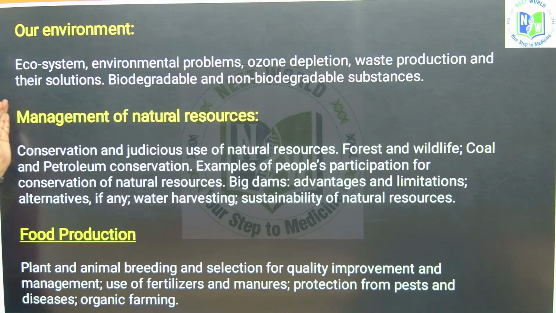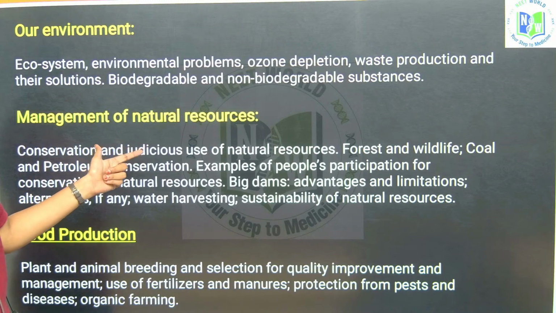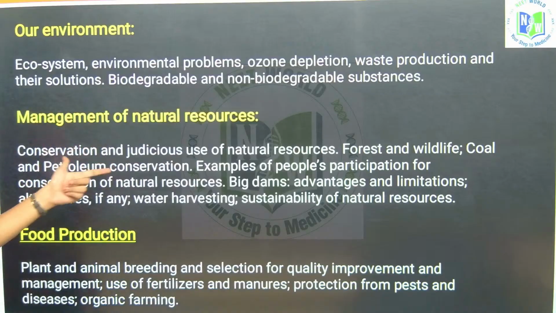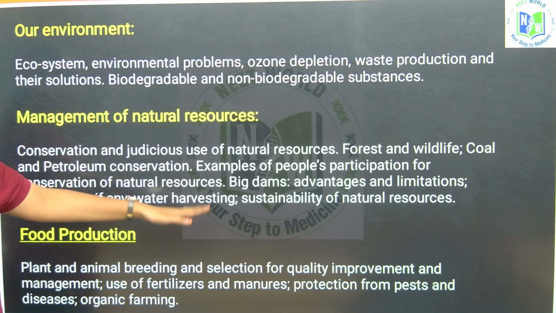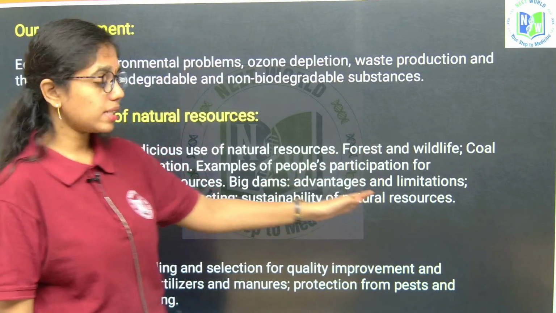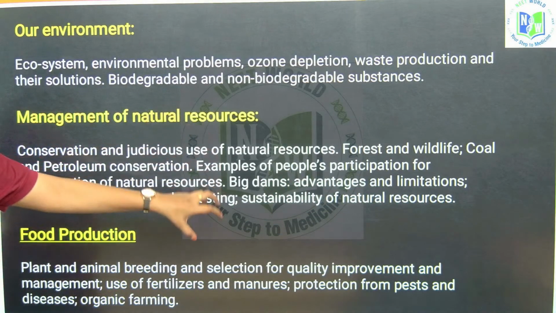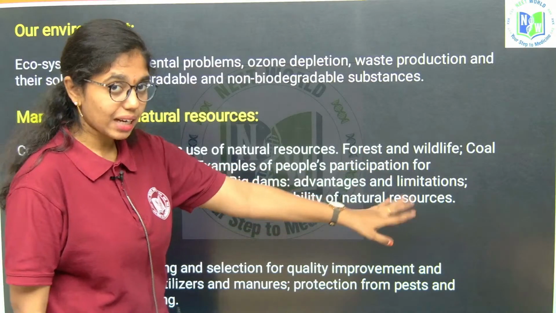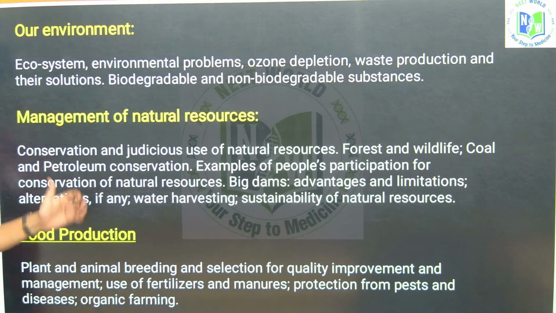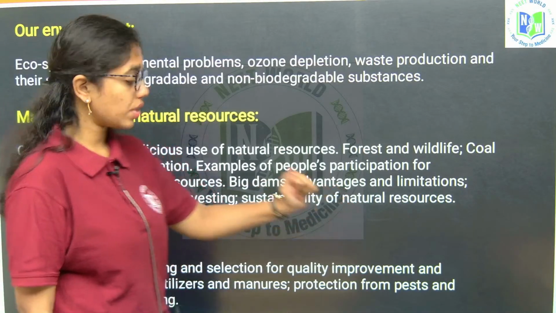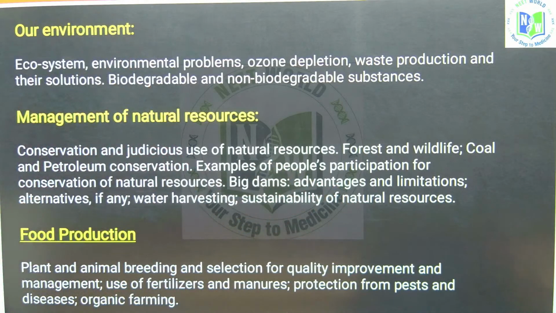And then management of natural resources includes concepts like conservation, judicious use of natural resources, forest and wildlife, coal and petroleum conservation, examples of people's participation for conservation of natural resources, big dams, their advantages and limitations, alternatives if any, like water harvesting, sustainability of water resources, and then food production.